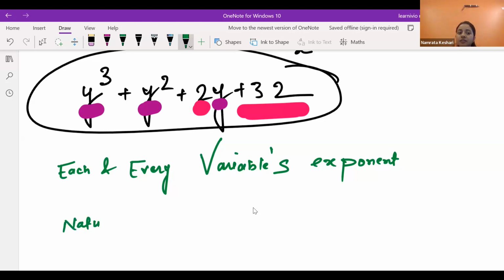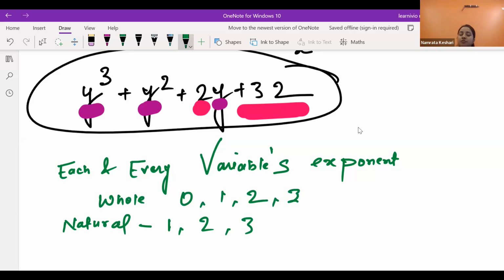You say that all the counting numbers 1, 2, 3, 4 are whole numbers. Yes, counting numbers, the way we count the numbers 1, 2, 3, 4, 5, 6, 7, 8, 9, 10, till infinity. All these counting numbers are whole numbers including 0. So whole numbers start from 0. Natural numbers start from 1. Getting it? Yes.